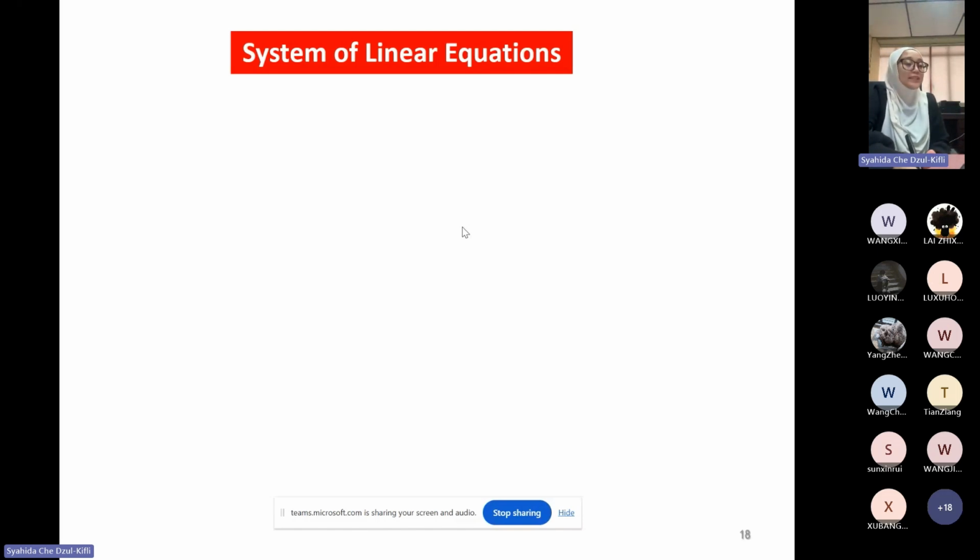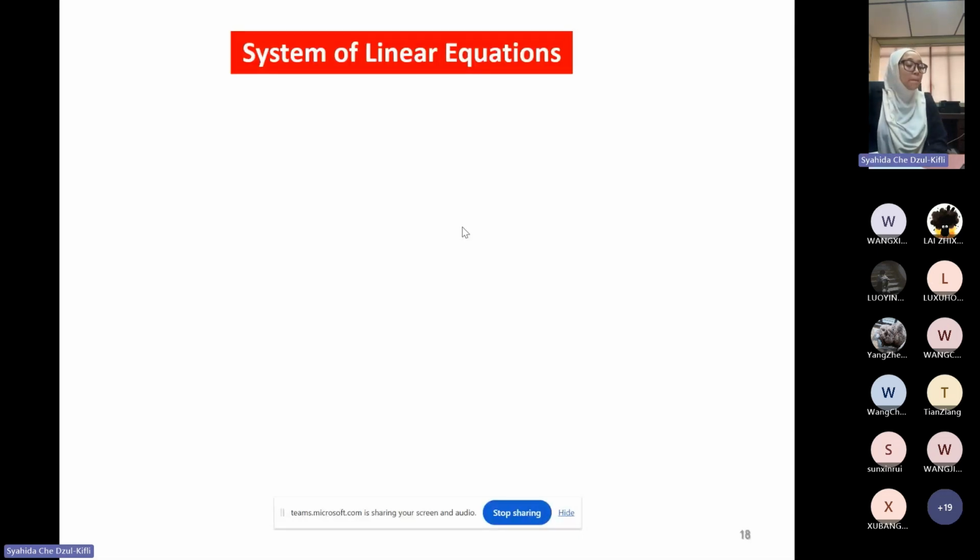A system of linear equations is a compilation, a combination of some linear equations with the same number of variables. So there are finitely many linear equations where every linear equation must have the same number of variables.